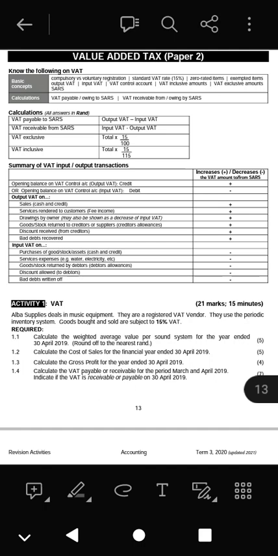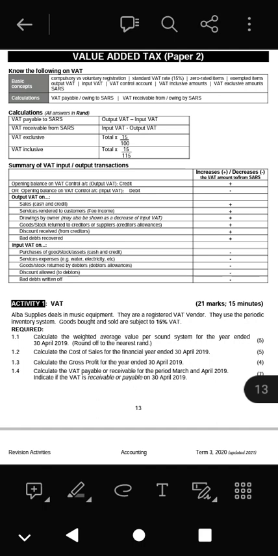So the difference between output VAT and input VAT is that output is on sales, money that is being received by the business where VAT was included. Whenever payments are being made, when money is going out or purchases are made, then it becomes input tax or input VAT.